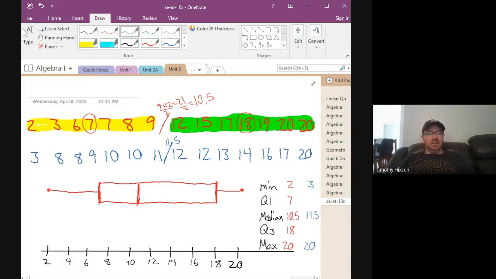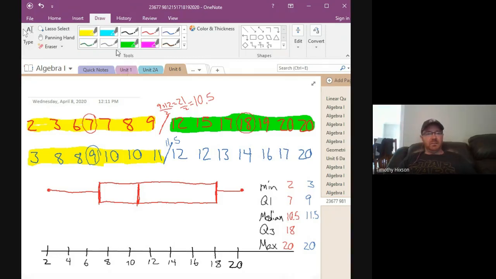And then the first quartile is going to be the 4th term of this bottom half of the data, these 7 items. And so, again, that was 9 for the first quartile.